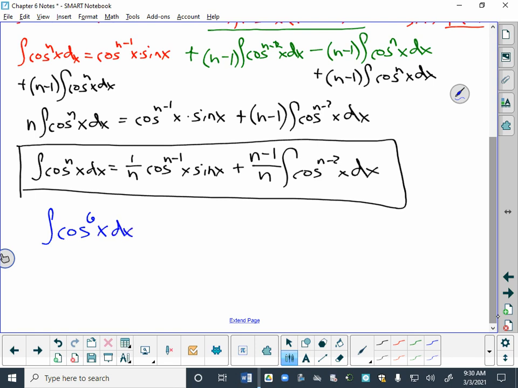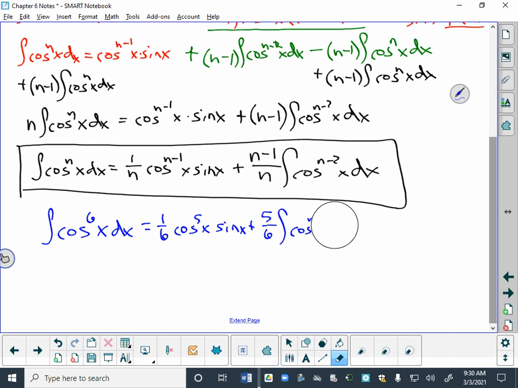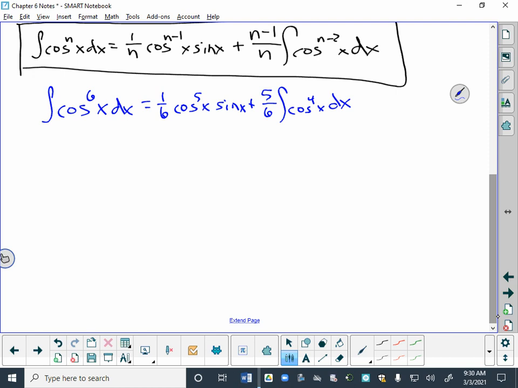And so employing this formula, it would say that this is equal to, if n is 6, then this is 1/6 times cosine to the 5th x sine x plus 6 minus 1, that's 5/6 antiderivative of cosine to the n minus 2. N again was 6, so this is cosine to the 4th x dx.